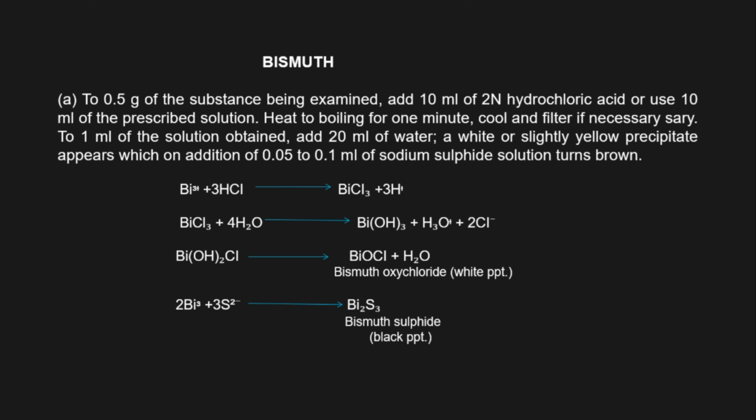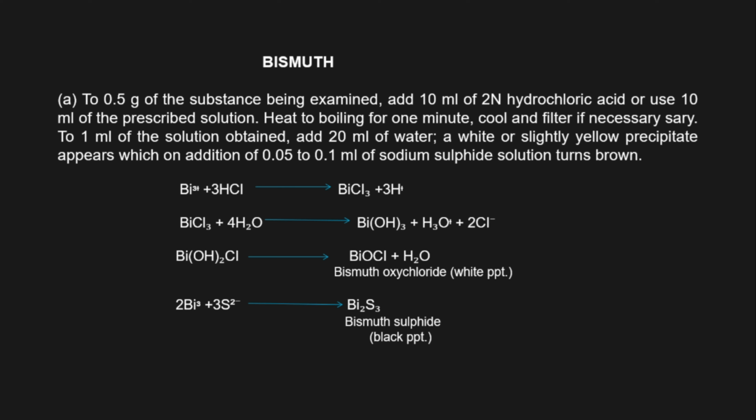Bismuth ion reacts with hydrochloric acid to give bismuth chloride. This bismuth chloride, when dissolved in water, gives bismuth hydroxide, with 2 chloride ions as byproduct. This chloride ion combines with bismuth hydroxide to form a bigger complex, bismuth hydroxide chloride.